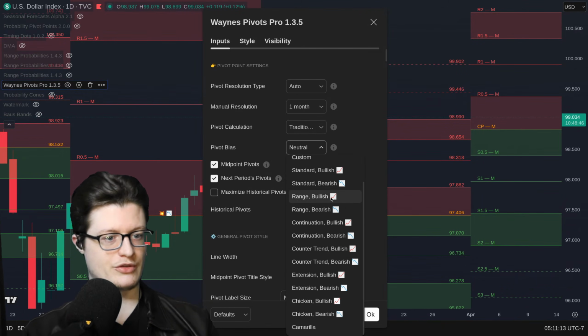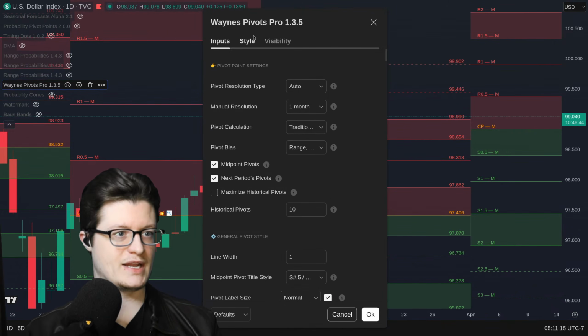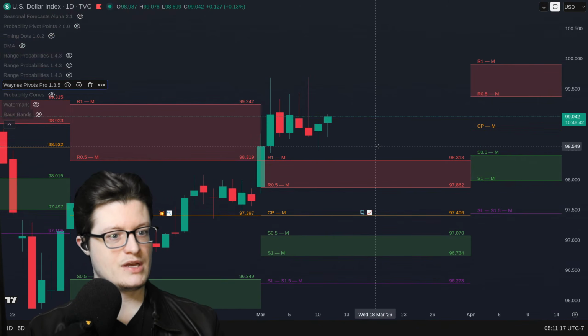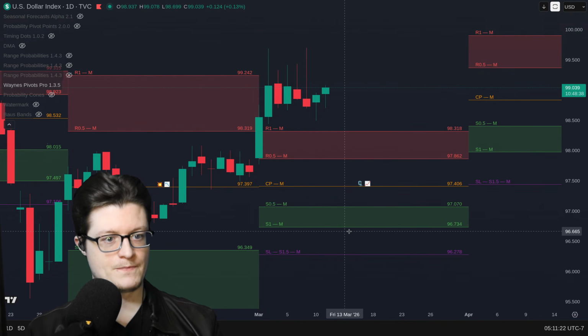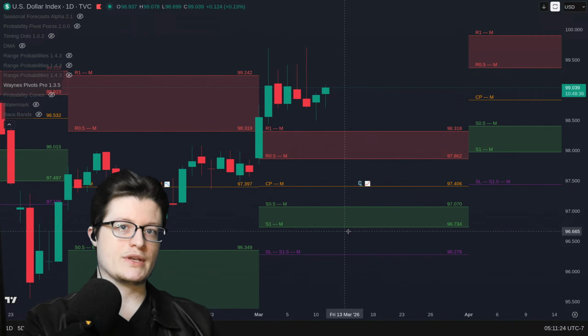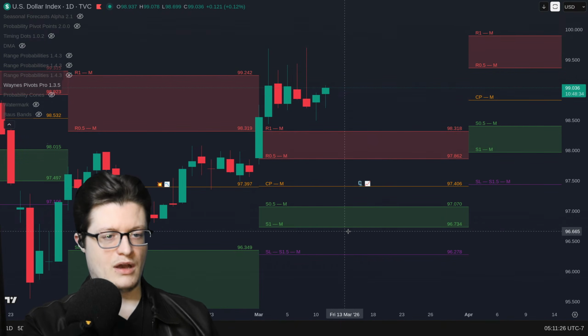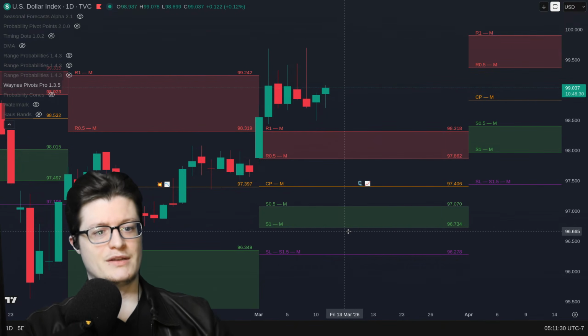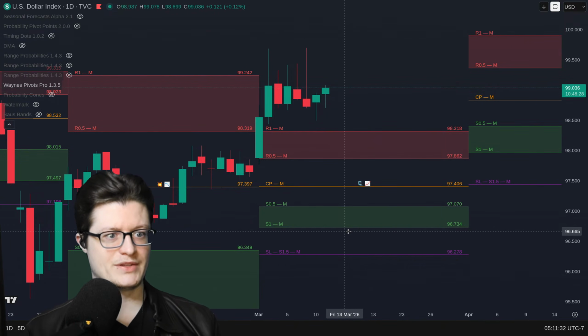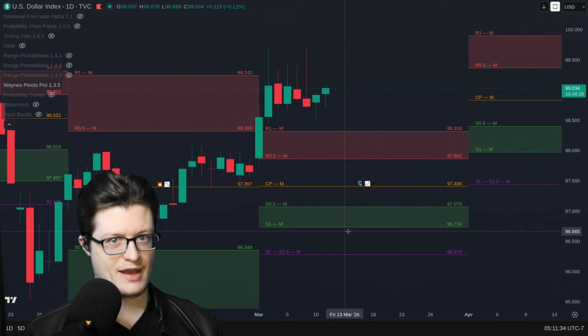Now, I can show you, okay, here's the range bullish setting, and it says to buy down here and sell up here and put your stop loss right there. But obviously, going into the beginning of Operation Epic Fury, this is not the right bias to have. This is not the right expectation to have.